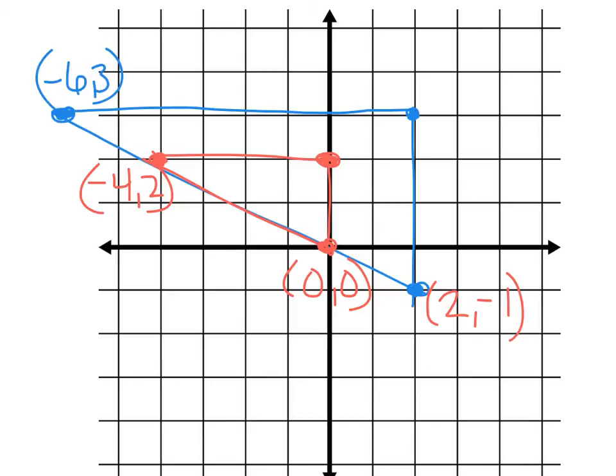And so, it's asking you to figure this out. Now, you could just go with the formula y2, y1, so let me trace over this one so we know that this is the blue one.